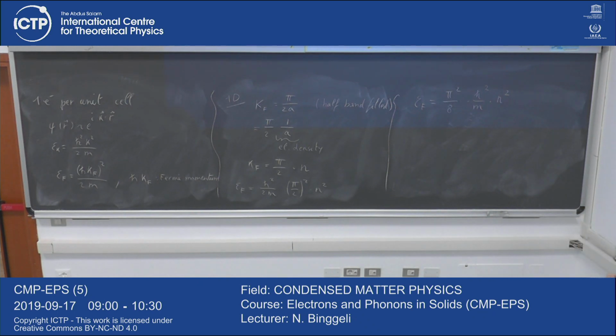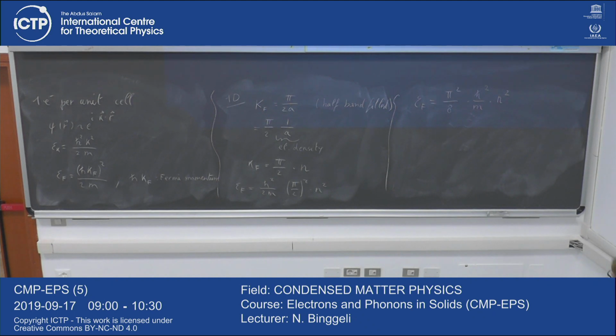So this is the result. In the one-dimensional case, the Fermi energy is proportional to the electronic density to the power 2. So if I want to change the Fermi energy, I can change the electronic density. Of course, it's difficult to change the number of electrons per unit cell, but I can change a.